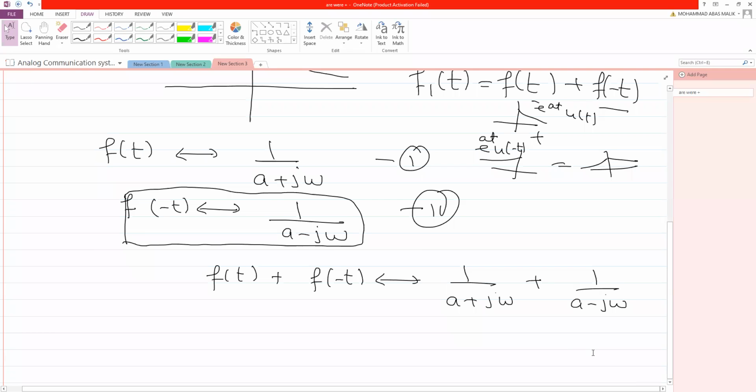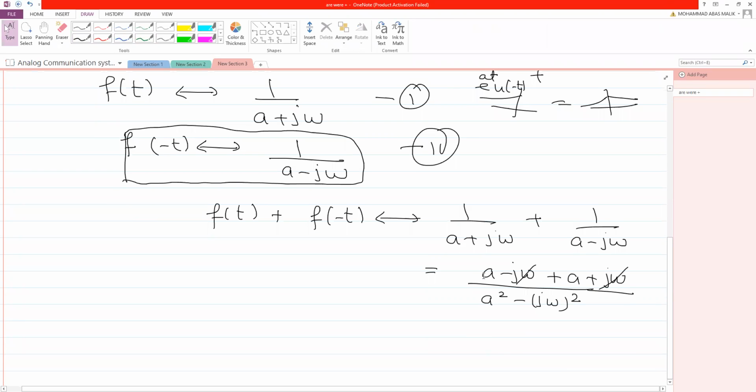Then this will be equal to a square minus j omega whole square. Then this will be a minus j omega plus a plus j omega, and minus j omega and plus j omega will cancel out, so your resultant will be equal to 2a over a square plus omega square, since j square is equal to minus 1.